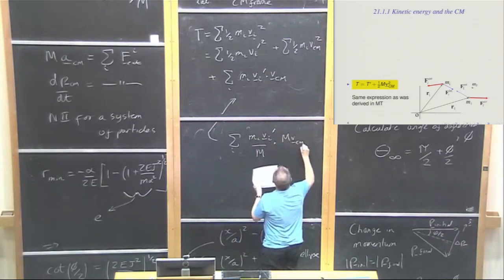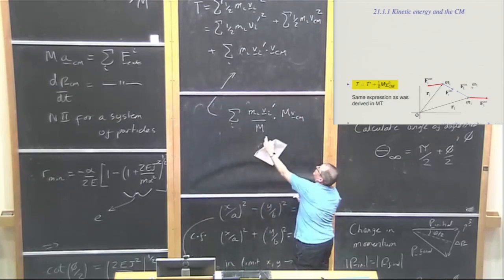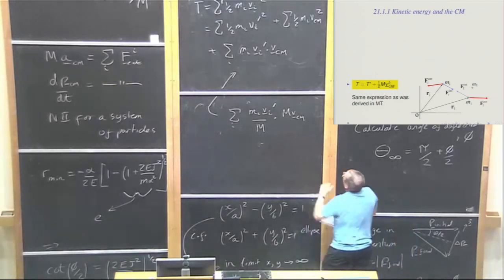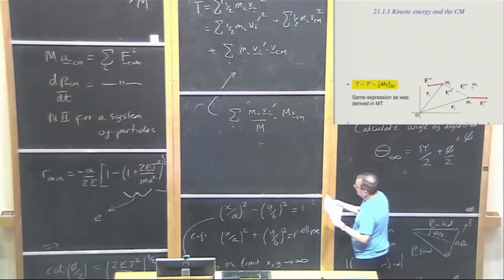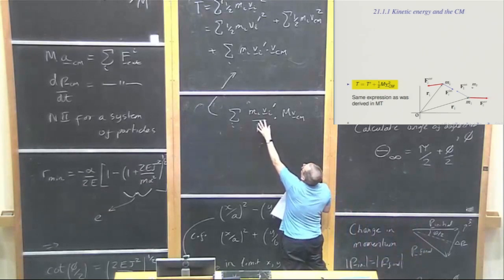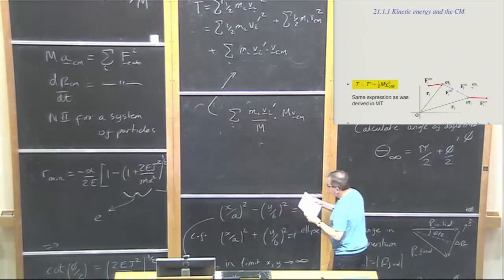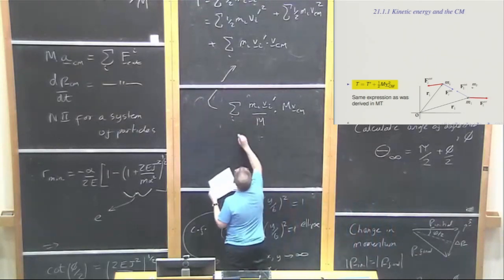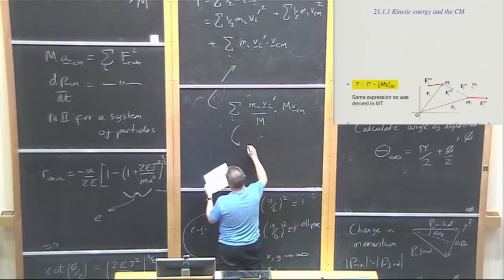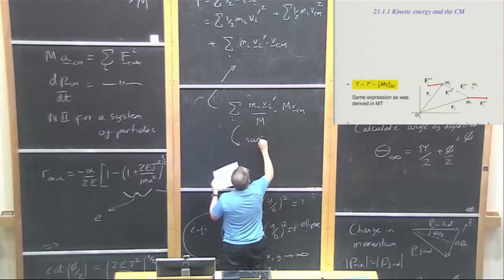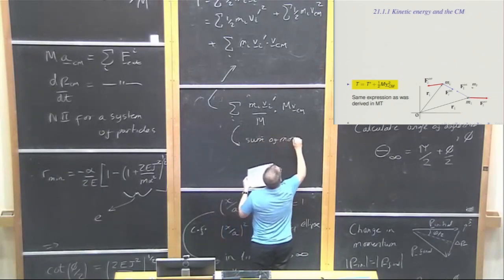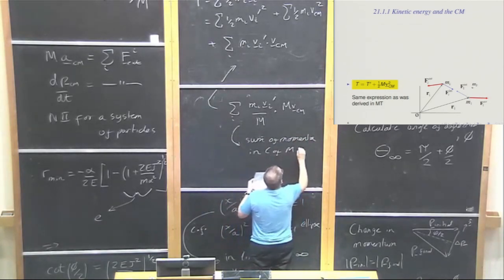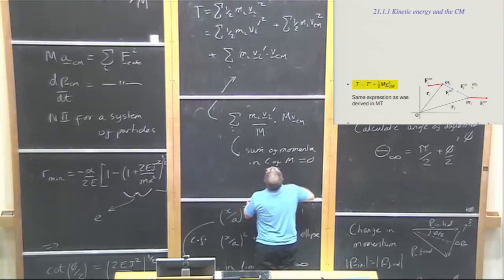Okay, so this is the same expression. I've just divided the first part of the term by big M and multiplied the second part by big M, and I do that because what one sees now is that this is nothing more than the sum of the momenta in the centre of mass frame, and that is of course 0. So this whole term vanishes.